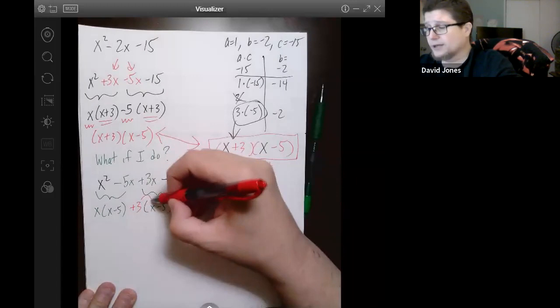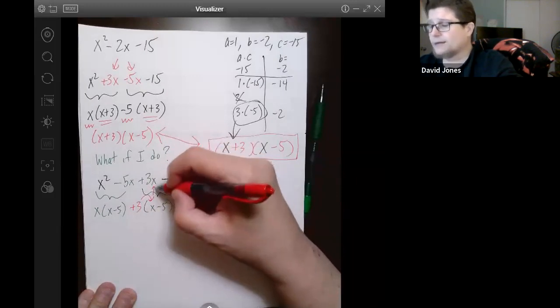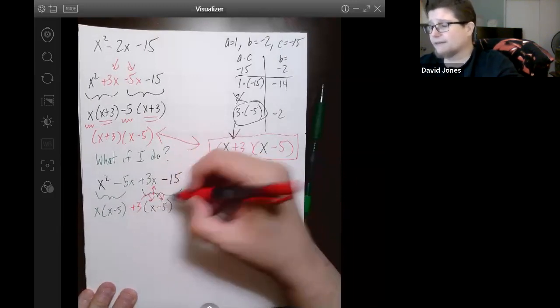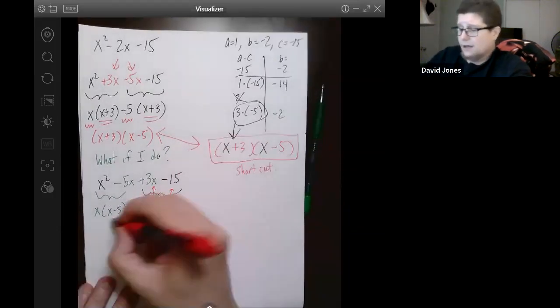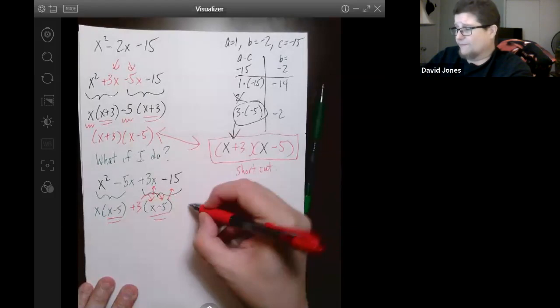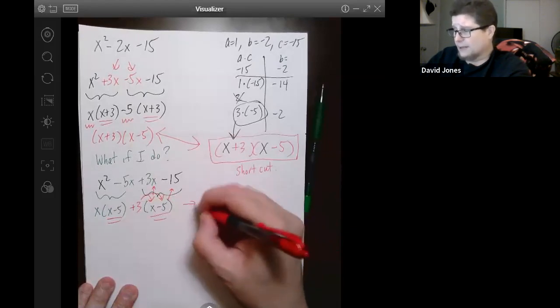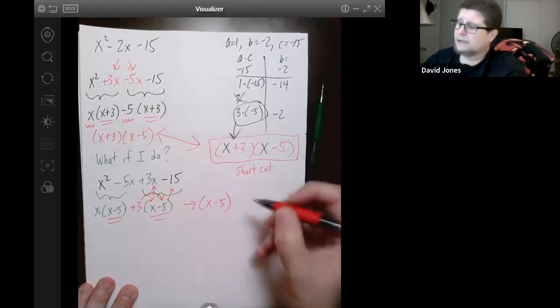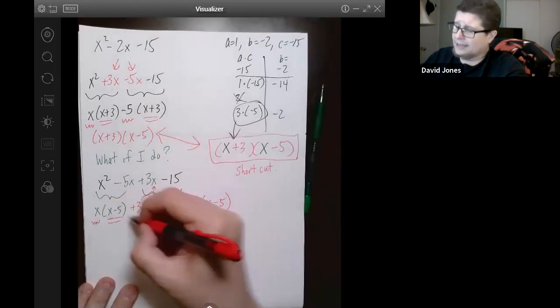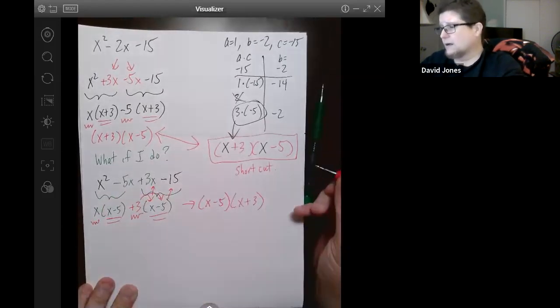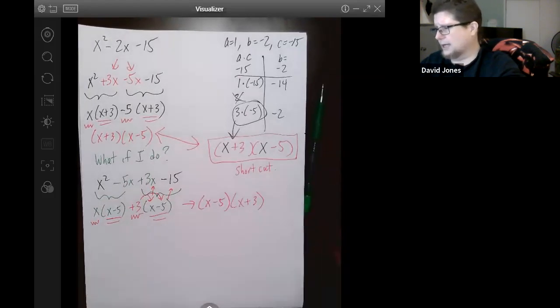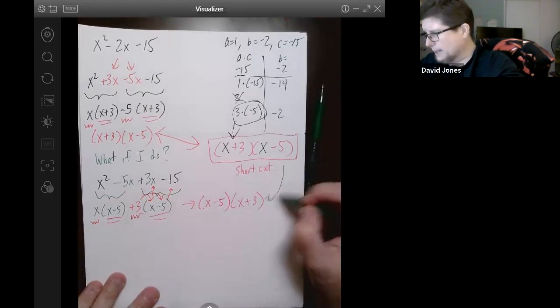I'll distribute that 3. 3 times x gives me 3x. 3 times -5 gives me -15. That's correct. I can pull out the x minus 5. And that leaves behind an x and a +3. And that's factored. Are these the same?